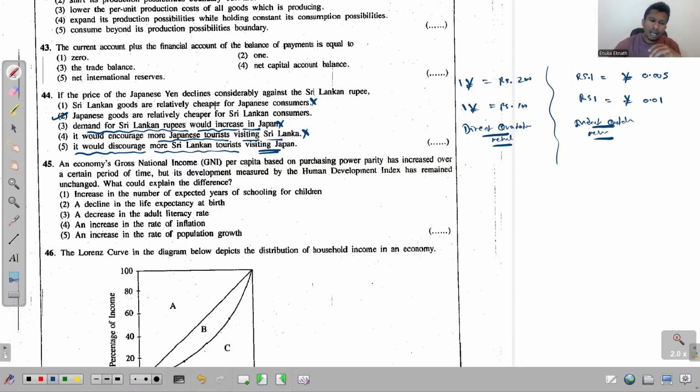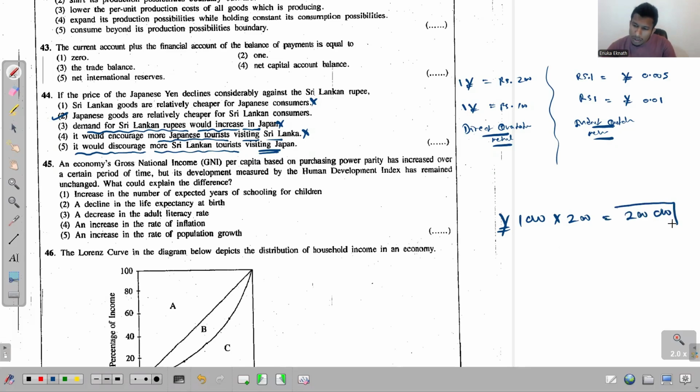So how should we think about this? Imagine you planned your trip, your tour, last year. You planned to go and see a Japanese museum, and you needed 1000 Japanese yen. At the rate at that time, 1000 yen equals 1000 into 200, so that will be 200 and another 3 zeros.